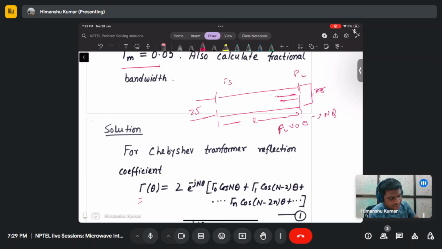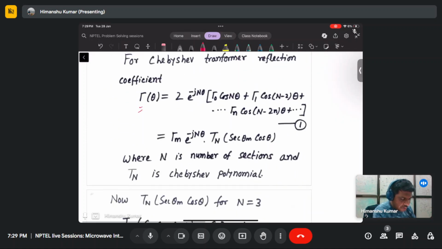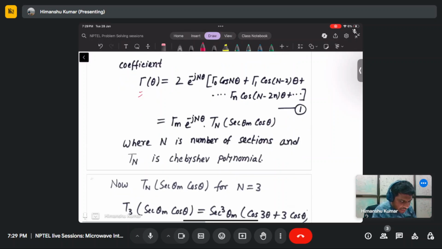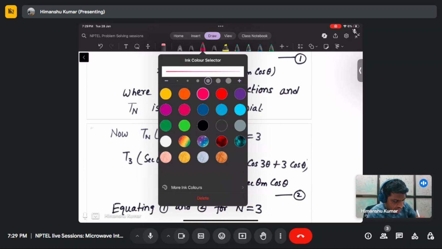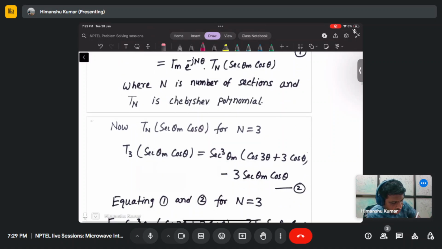The wave reaches this point and is multiplied by the reflection coefficient at the source end, so this again gets reflected with gamma S. You can write the standing wave patterns at each node, and basically you will reach an infinite series kind of equation.